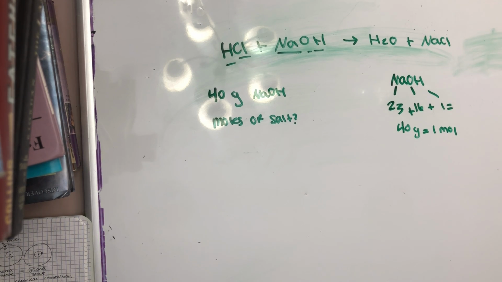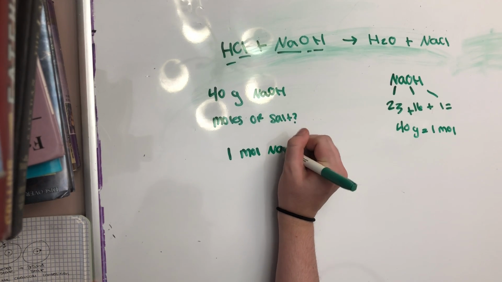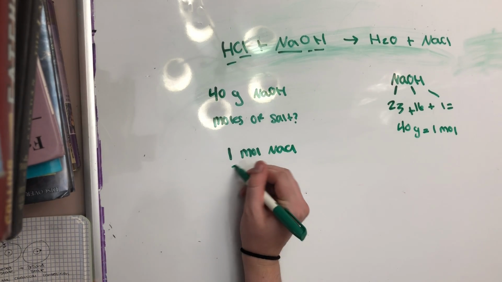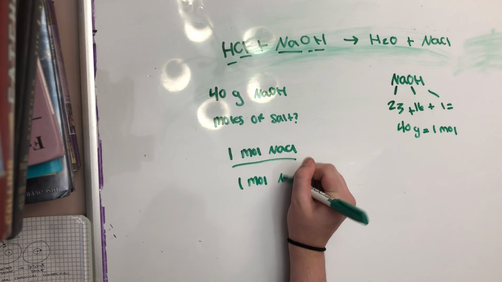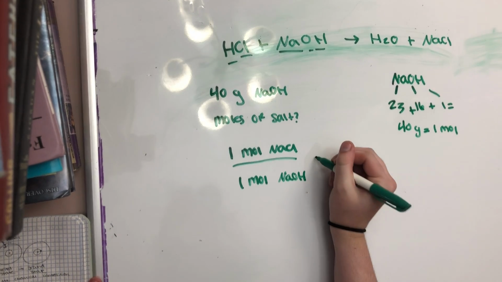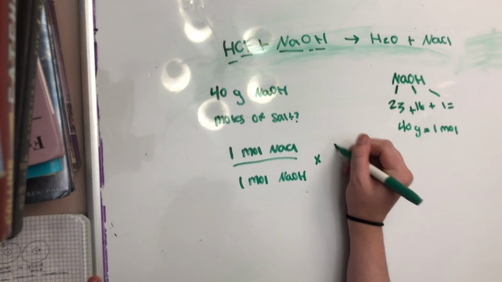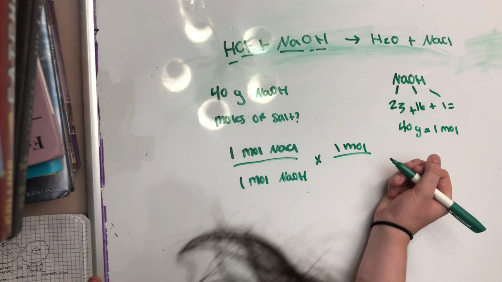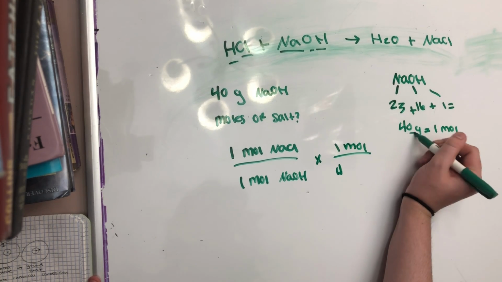So now we're going to set up our equation. Here we have 1 mole of NaCl, and then we're going to put that over 1 mole NaOH, and then if we want to cancel out the NaOH, we're going to put 1 mole over 40 grams, and that was our 40 grams right here.